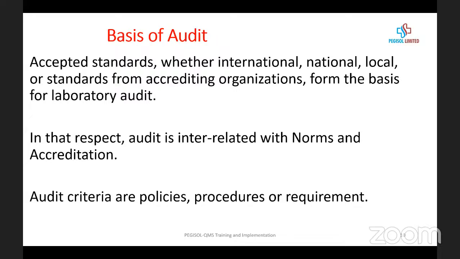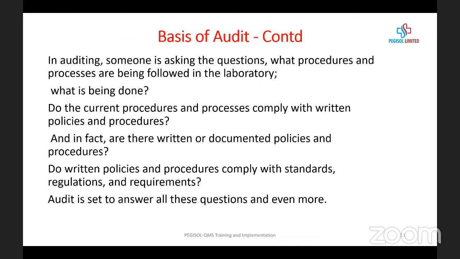So audit criteria are policies, procedures, or requirements. Now, what's the basis of audit? In auditing, someone is asking the question: what procedure, what process is being followed in this lab? What is being done? Do the current procedure or process comply with the written policies or procedure?